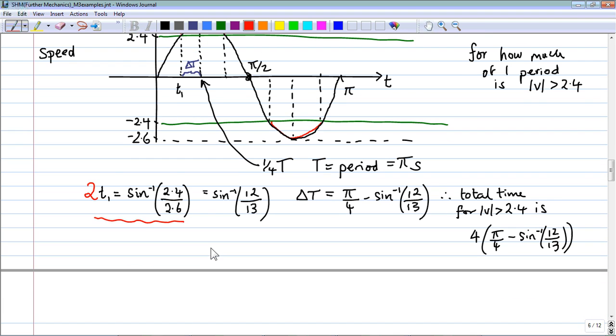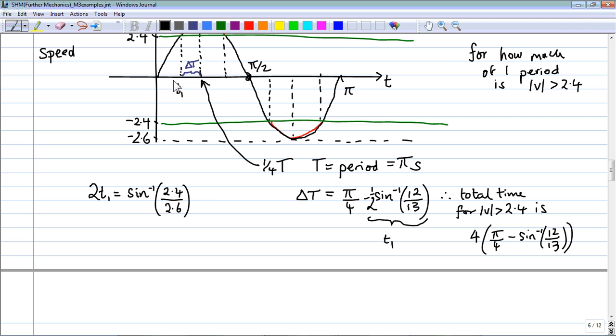So let me just slightly rewrite my calculation so it's correct. Sorry for that silly mistake there. So we need a 2 here. 2T1 is inverse sine 12 over 13. So let's just say T1 is half inverse sine 12 over 13. So that's our formula for T1.